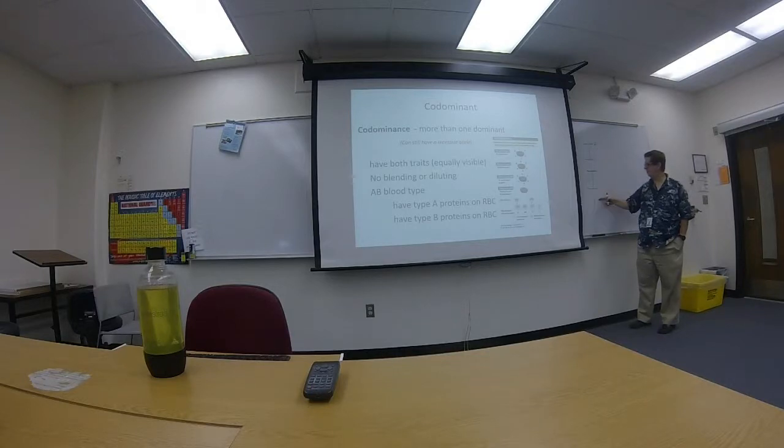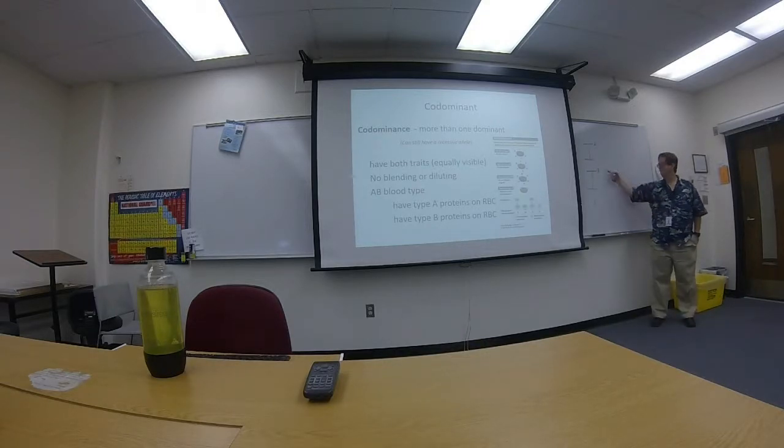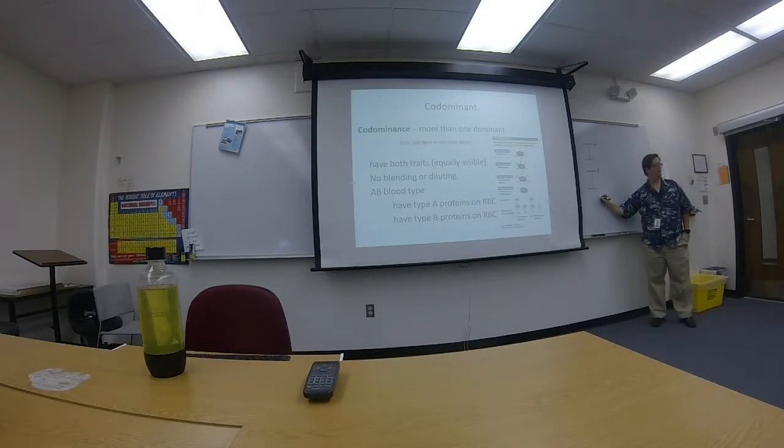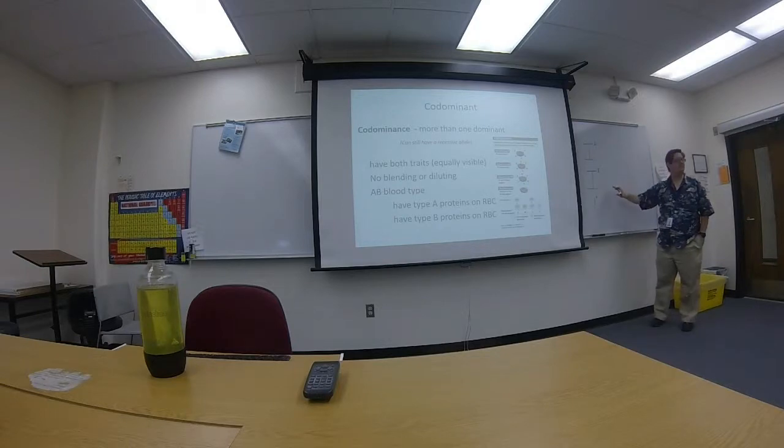It's dominant to this one, right? This one here is going to cause you to make the B protein. That's dominant to this one. This one down here, the O, means we didn't put a protein on the surface. That's what it means, literally, okay?